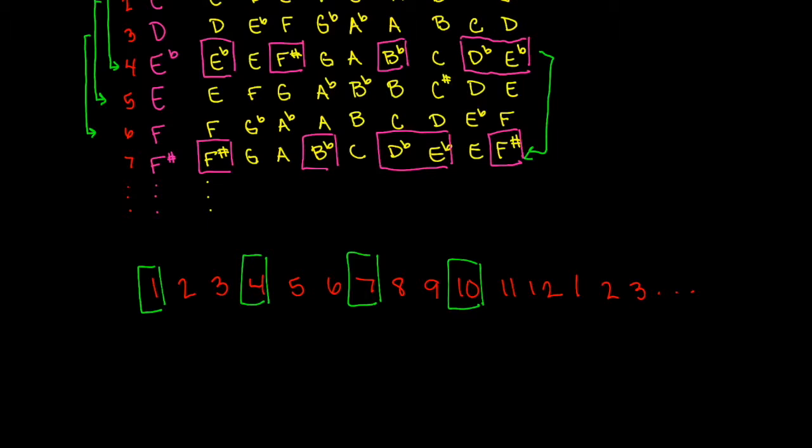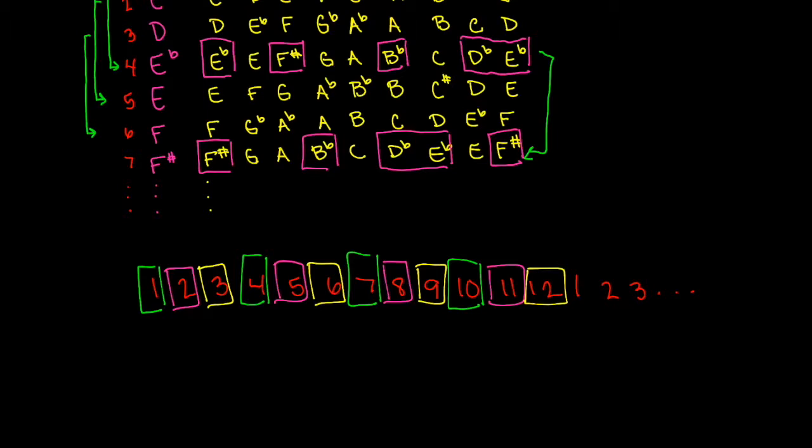If we were to continue this out, it goes on and on. Then 2 is the same as 5, is the same as 8, is the same as 11, and 3 is the same as 6, is the same as 9, is the same as 12.